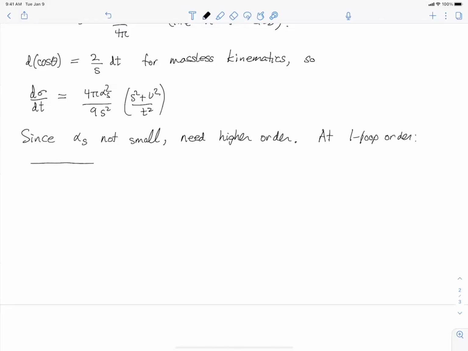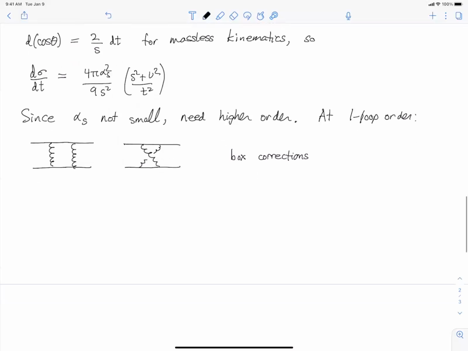Here's some. Here's one class of diagrams. So instead of exchanging one gluon, now I'm going to exchange two gluons. So there's that diagram, and then this one's a different diagram where the two gluons cross each other. Okay, so these are known as box corrections. They are a sub case of one loop corrections. Here's some more one loop corrections.